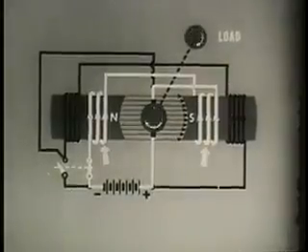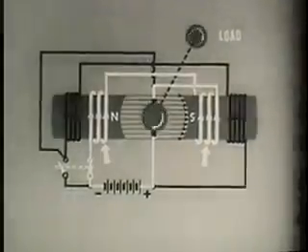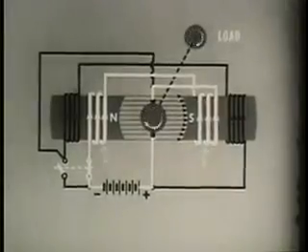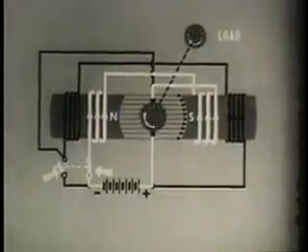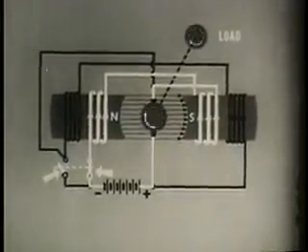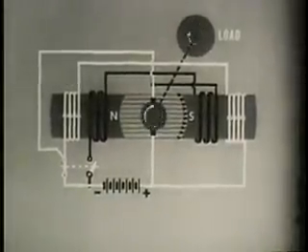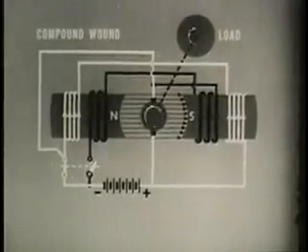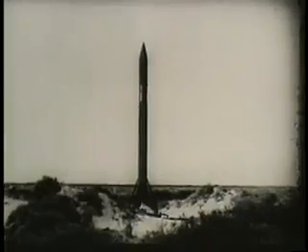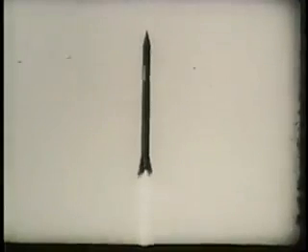It uses a series section for good starting torque. Then it switches to a shunt arrangement for good speed regulation. DC electrical motors and generators are at the heart of much military equipment. A proper understanding of them is therefore important.